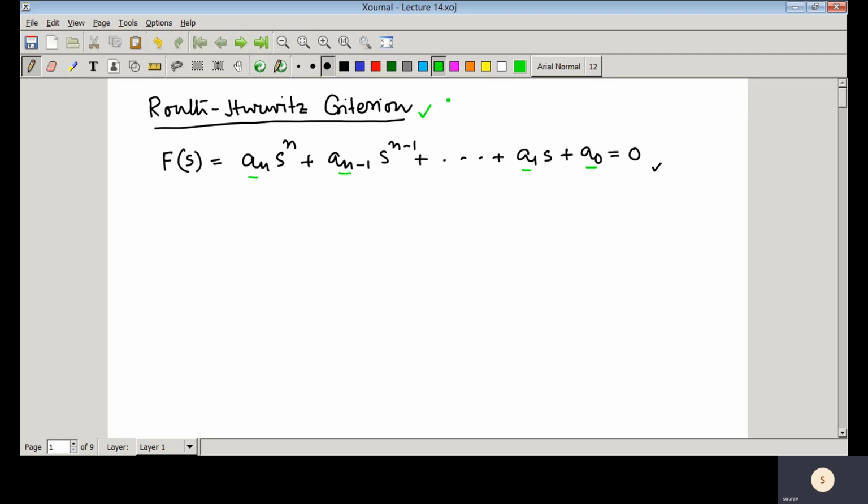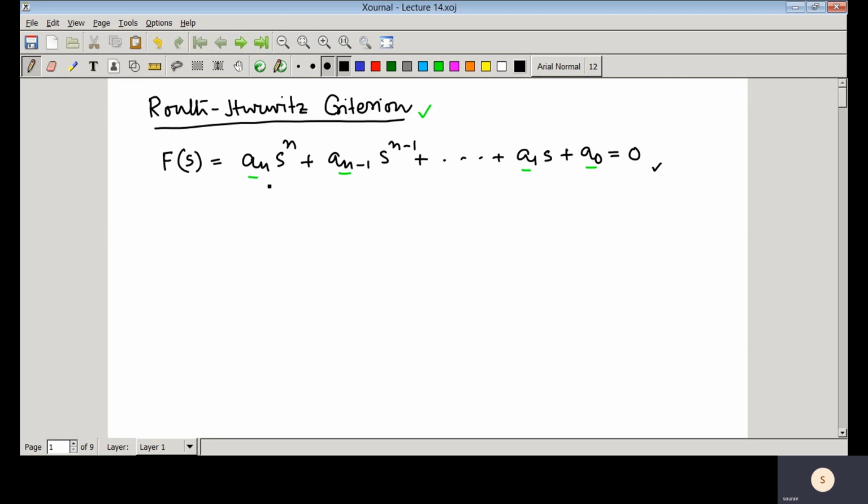First of all, it has some limitations. The Routh-Hurwitz criterion can be applied only to polynomials with real coefficients, and, as I just pointed out, the stability boundary is the imaginary axis. We cannot take any arbitrary stability boundary. These are the two limitations.